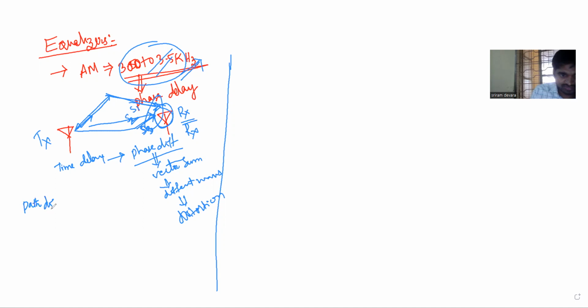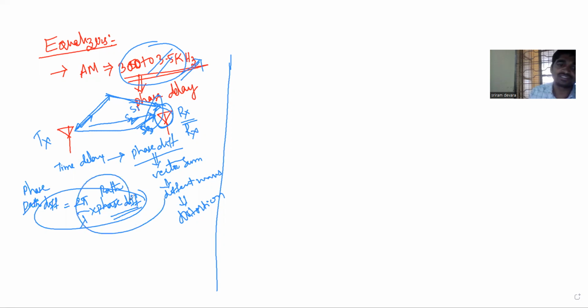Sorry, this is the phase difference: phase difference is equal to 2 pi by lambda into path difference. Signal 1, signal 2, and signal 3 traverse different paths, so there is a path difference, and this path difference multiplied by 2 pi by lambda gives the phase change.